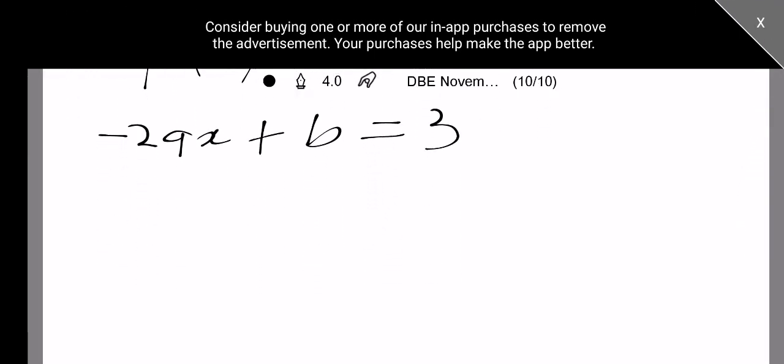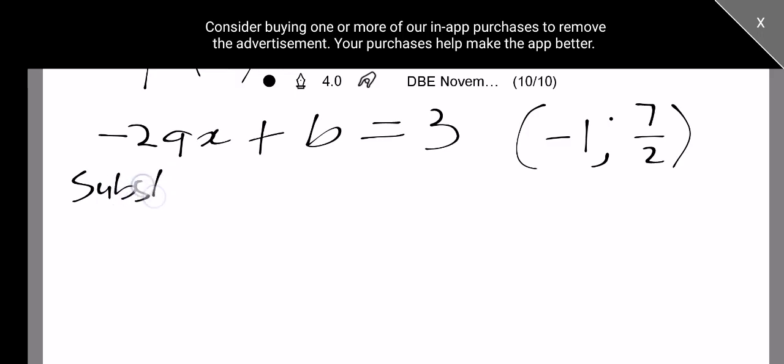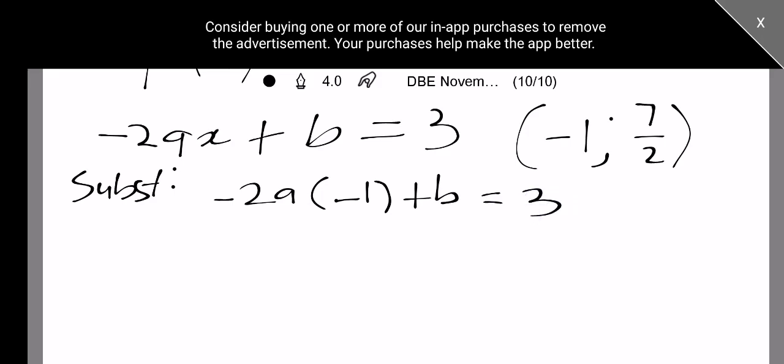We know the coordinates, so let's just substitute. These are the coordinates, -1 and 7/2. So substituting, it's going to be -2a times x, which is -1, plus b equals 3.